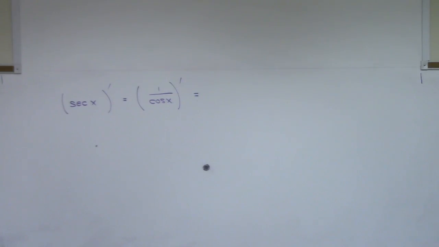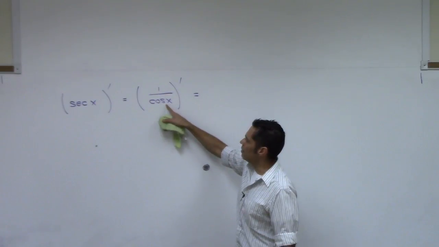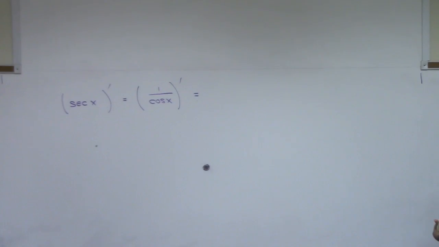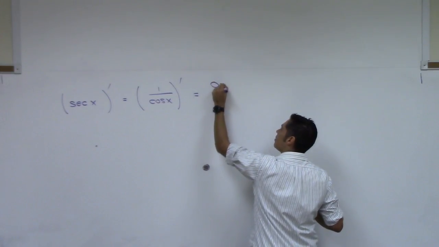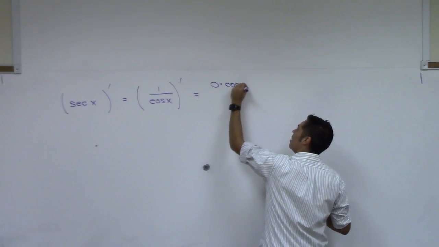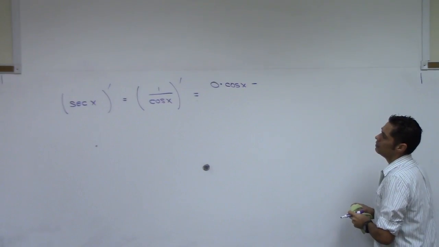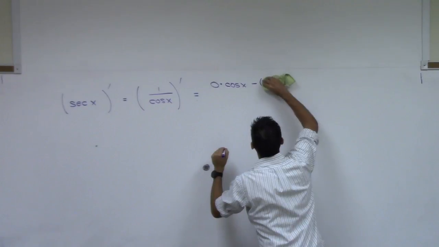Now, it's going to be a little weird, but watch this, all right? This is f, this is g. First part of the formula, what is the derivative of f? 0. Put it down. 0 times g, which is cosine x, and then minus the derivative of g, negative sine x. I forgot the negative.